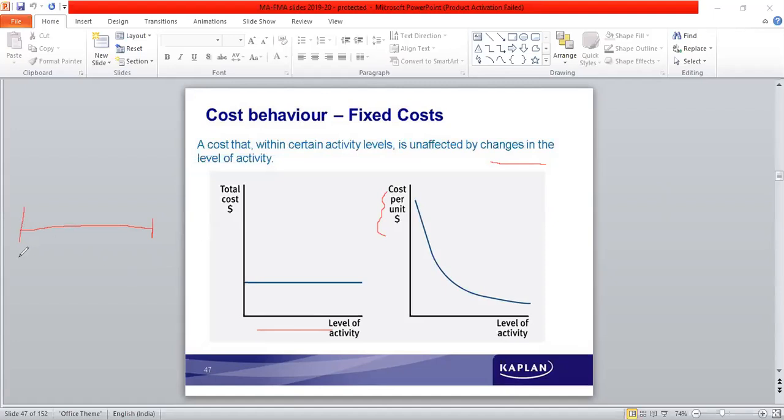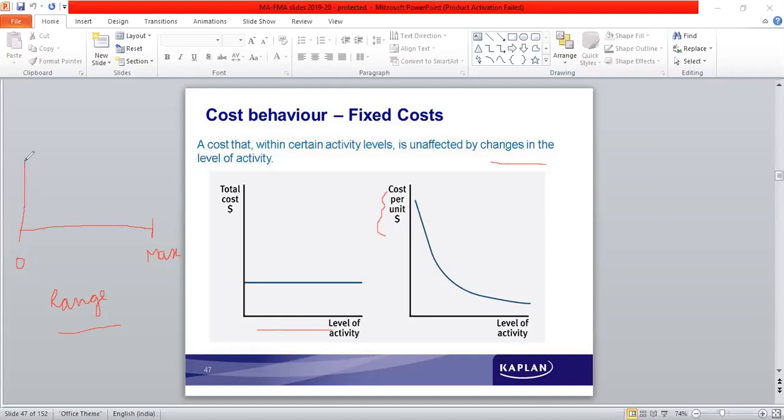From zero number of units till the maximum capacity is called a relevant range. This is applicable only when the cost is within this range.